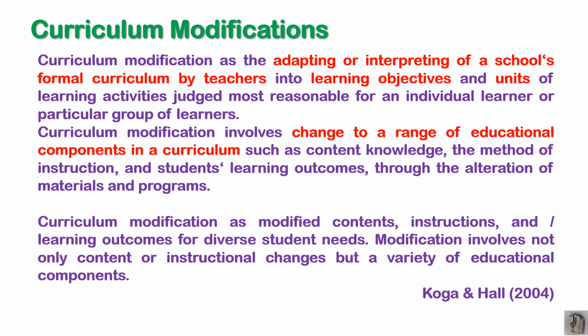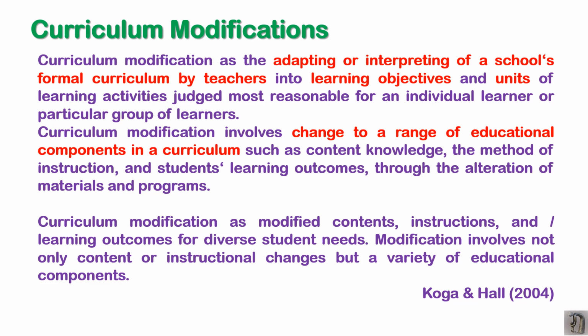Now here you need to remember the curriculum modification involves change to a range of educational components in a curriculum, such as the content of knowledge, the method of instruction, student learning outcome, through the change of material and program.